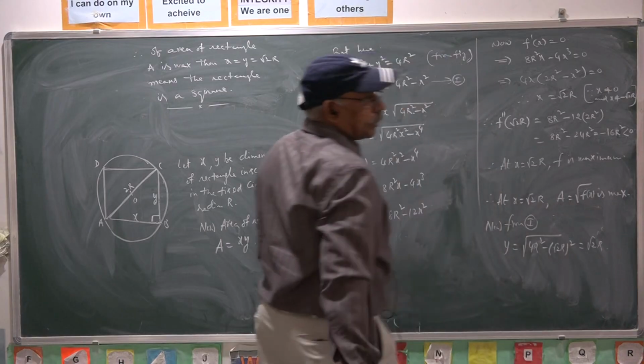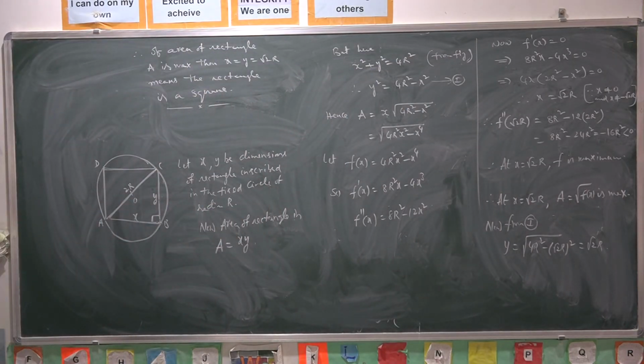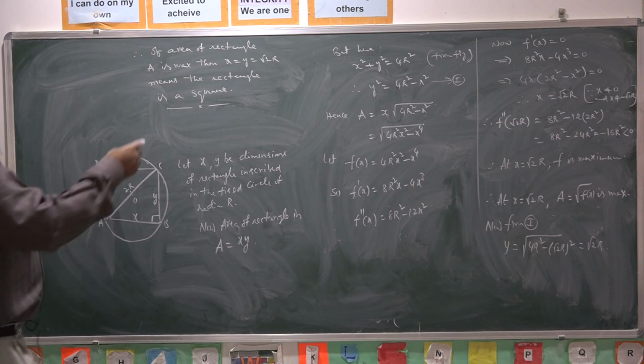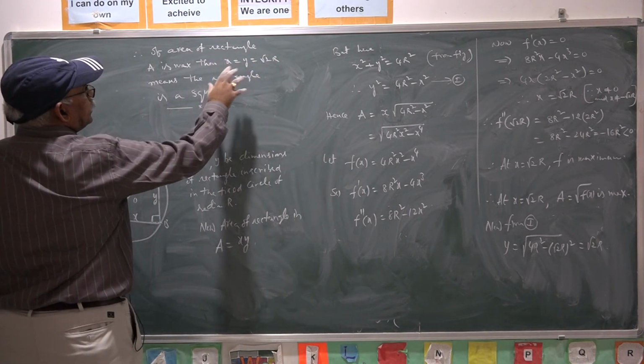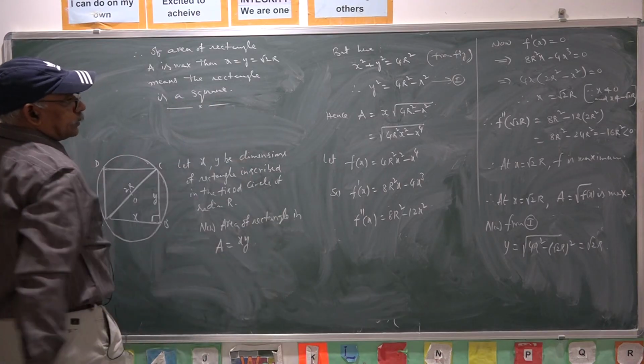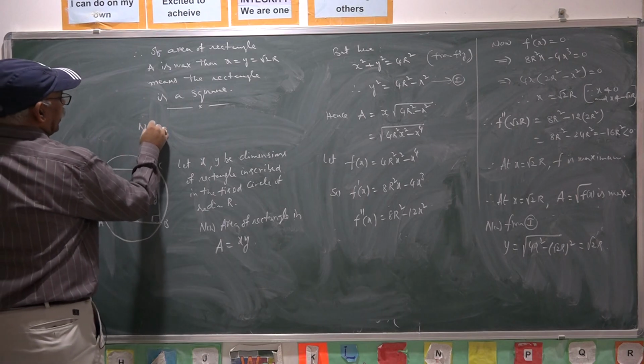That is clear here. So for x equal to root 2r and correspondingly y equal to root 2r, A is maximum, the rectangle area is maximum. Once the rectangle area is maximum, both x and y must be equal to root 2r. In such case, the rectangle becomes a square. So the maximum rectangle inscribed in a fixed circle is always a square. That is a worthy note point.